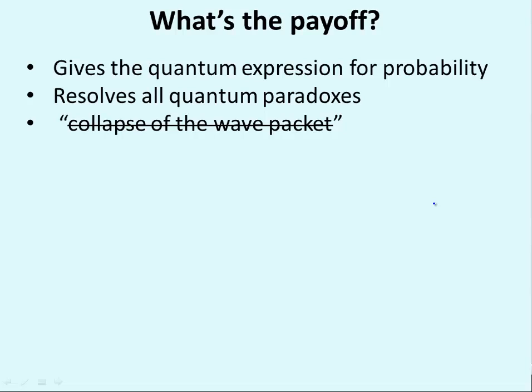And that doesn't happen in the model that I've presented, because the collapse, as it were, simply occurs when the universe is manifested. At the point of accumulation, at the point of detection, that determines the universe. There's no collapse.